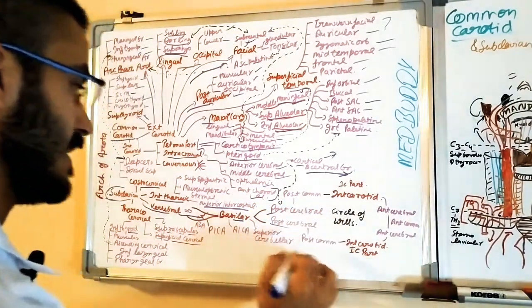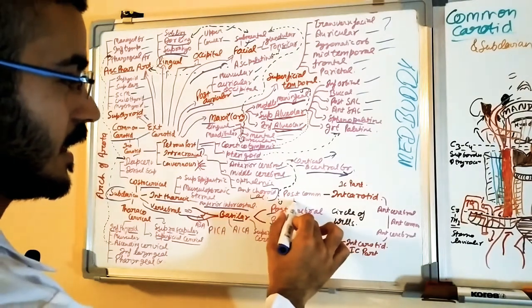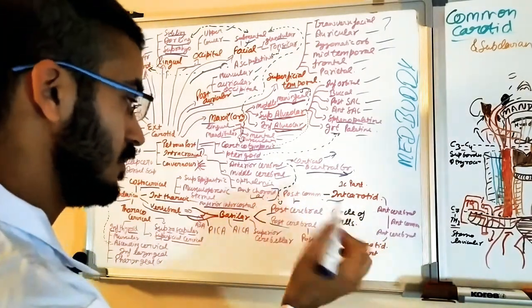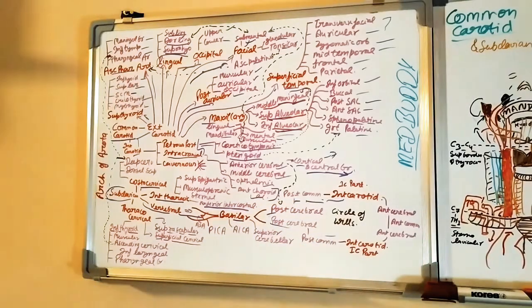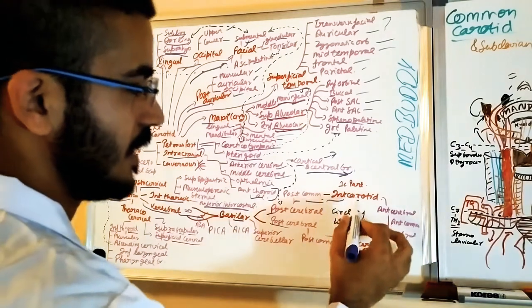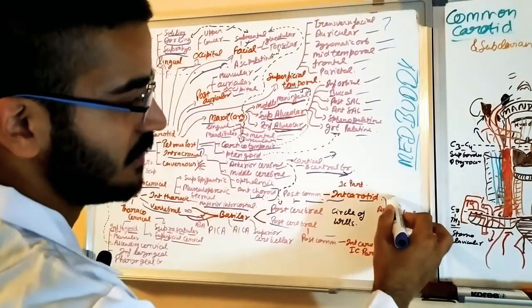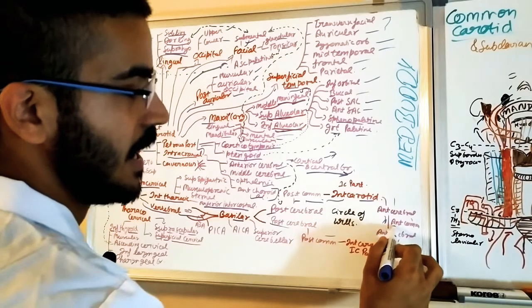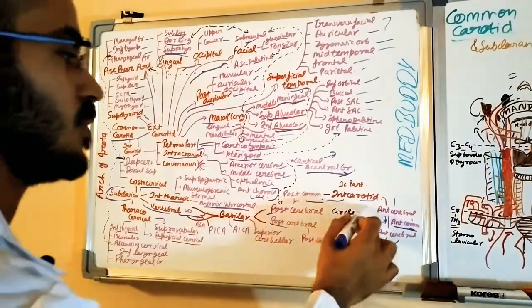It communicates with the internal carotid artery by the posterior communicating artery, and within the circle of Willis, the internal carotid artery then gives the anterior cerebral artery, which are combined by the anterior communicating artery, forming the circle of Willis.